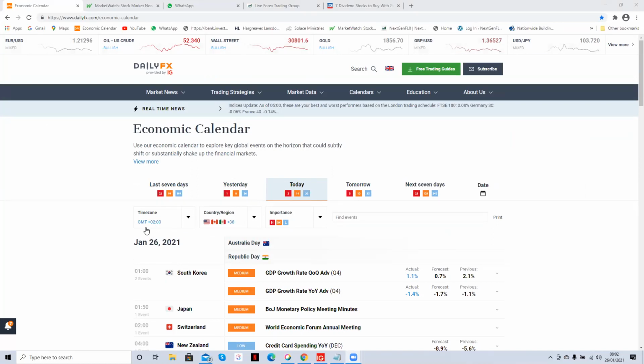So the main market we're looking at is the Euro-US dollar. So we're looking for reports of high importance or medium importance that could affect the euro or the US dollar. I must also mention that the principles of what we're going through with Euro-US dollar can be applied to any market.